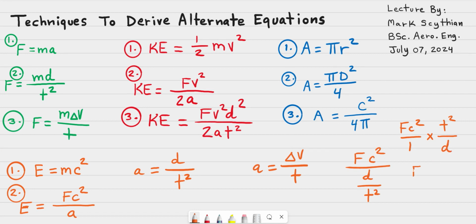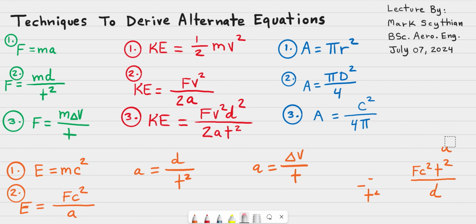So we have fc squared t squared over d. So E is also equal to force times the speed of light squared times t squared divided into distance.